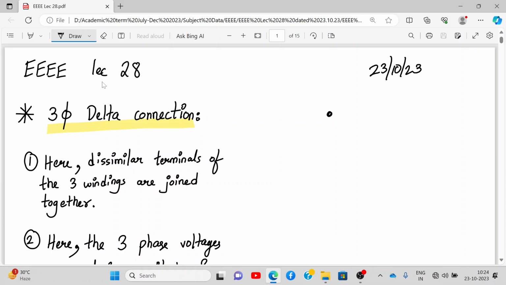So it will look like this. It will consist of 3 coils. Remember, we are drawing a delta connection.